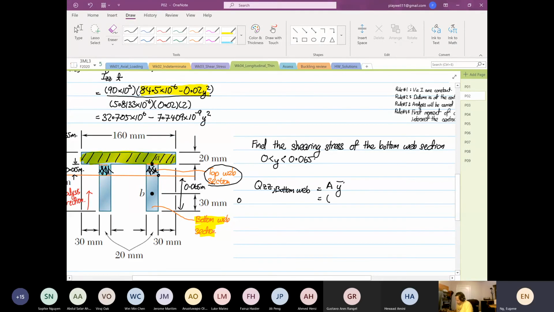Over here we have to consider the 2, so we have to multiply by 2, because you have a left and a right web. The width is 0.03, sorry, the width is not 0.03. I got it wrong the last time. The width is 0.02. The height now will be equal to 0.065.